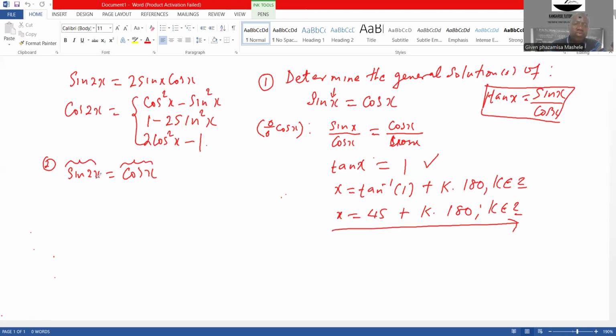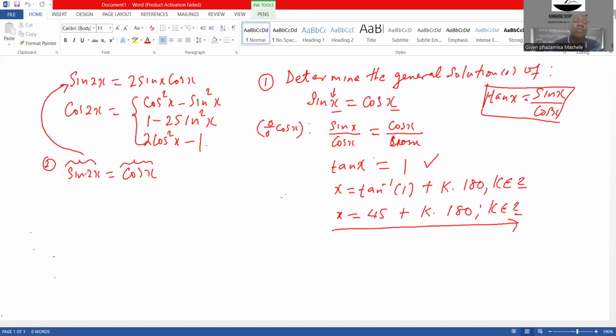Now, if you look at the two ratios, we have sine and we have cos, but the angles are different. Here the angles were the same, now the angles are different. And we know if the angles are different, we cannot resolve this into tan. So we must come up with something else. What can we do here? We have sine 2x, which is a double angle for sine.